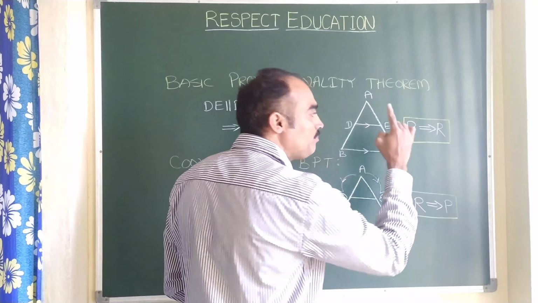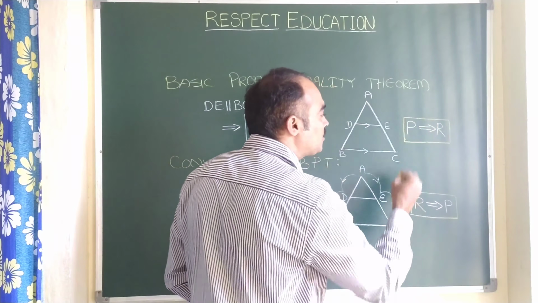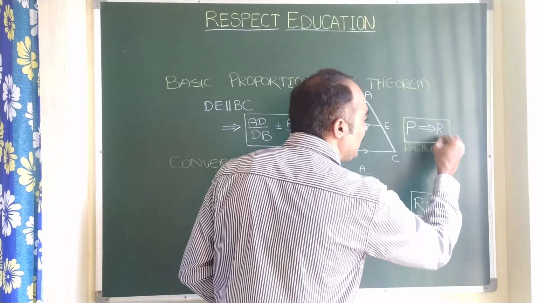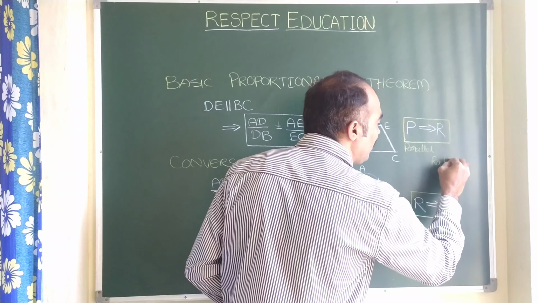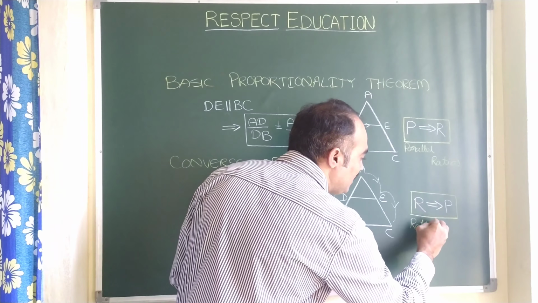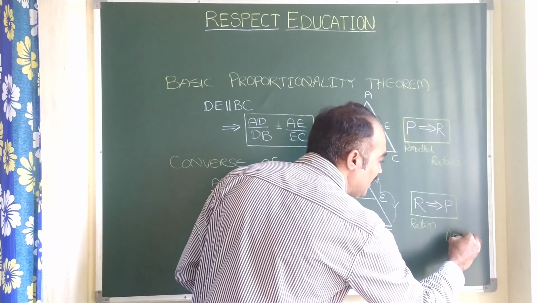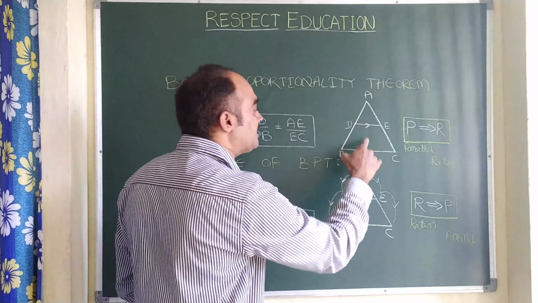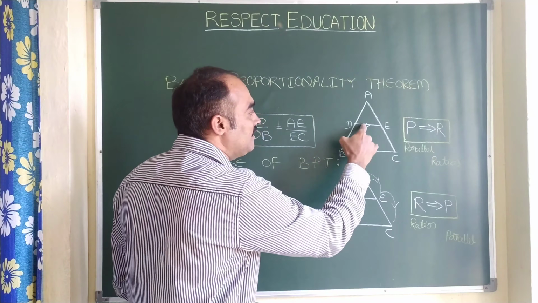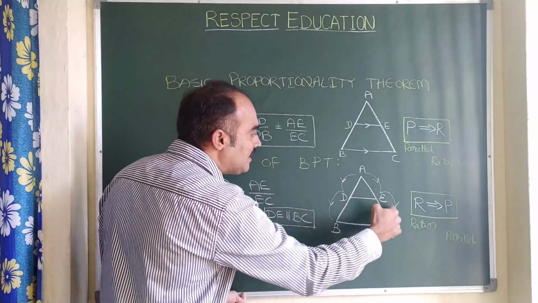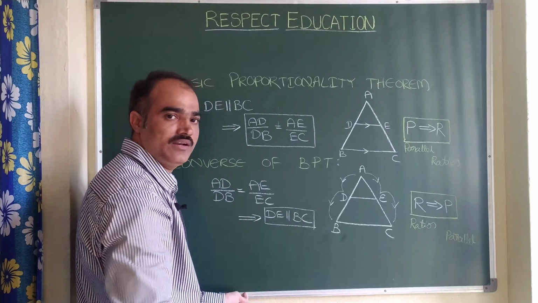Here P for parallel, here R for ratios are equal. The arrow indicates that if it happens. The first arrow indicates that parallel I have taken, and here the arrow indicates that if the ratios are equal, then parallel.